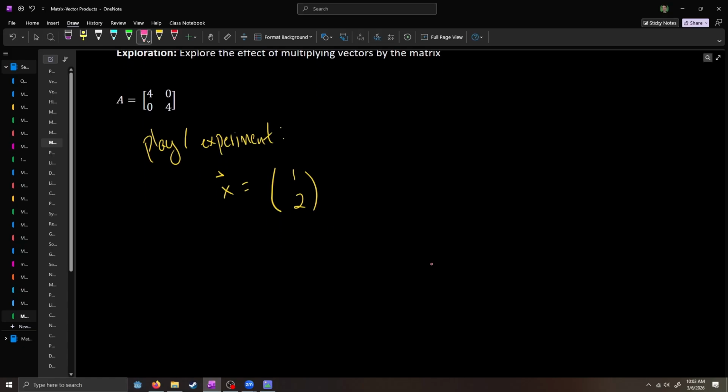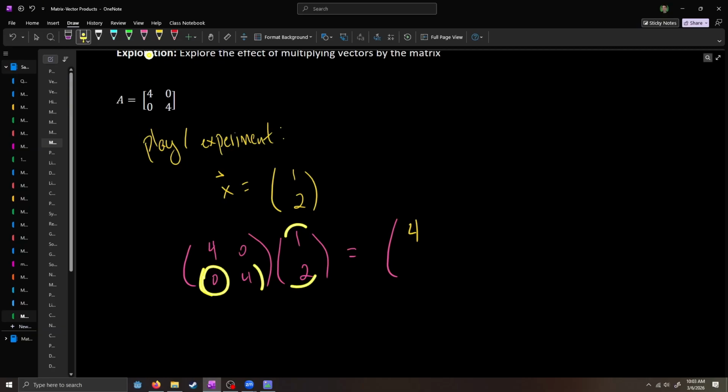So if I apply the matrix A to this vector, let's calculate the result. If I take the dot product of this top row with my column vector, I get 4 times 1 plus 0 times 2, result 4. And I get, from the second row applied to that column vector, 0 times 1 and 4 times 2, which is result 8.